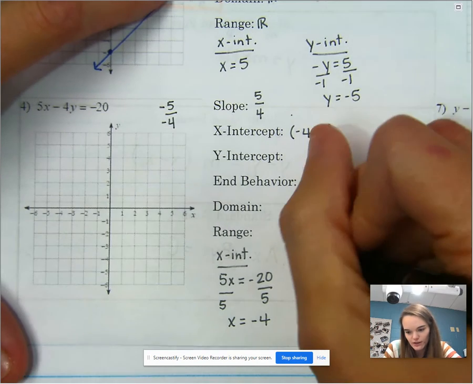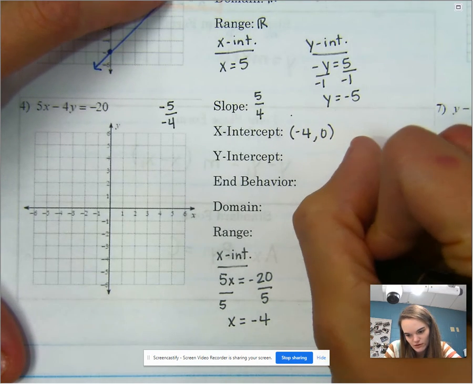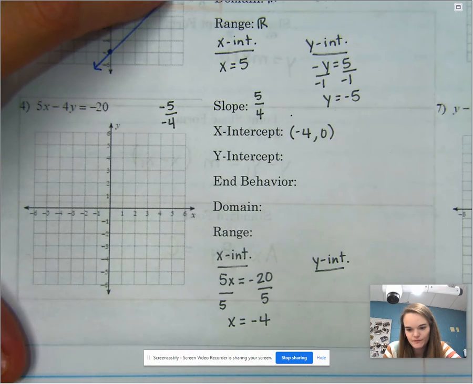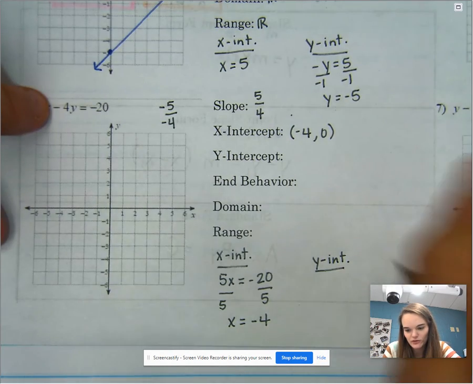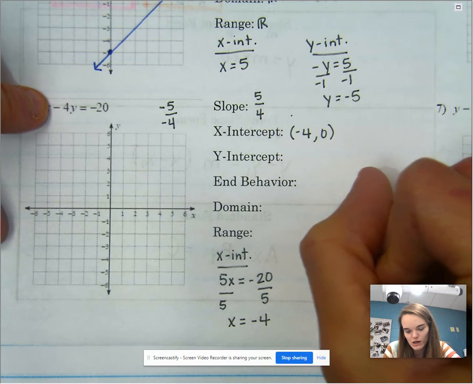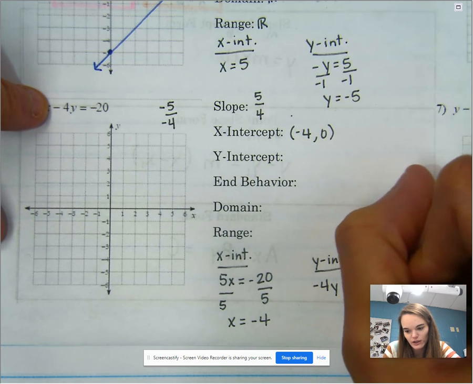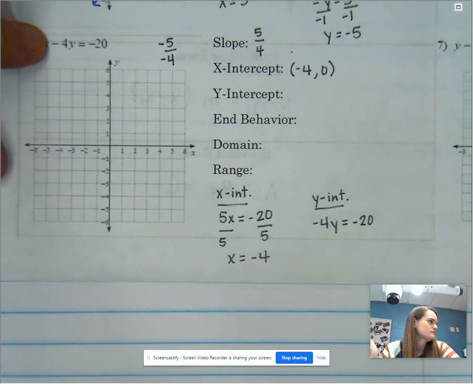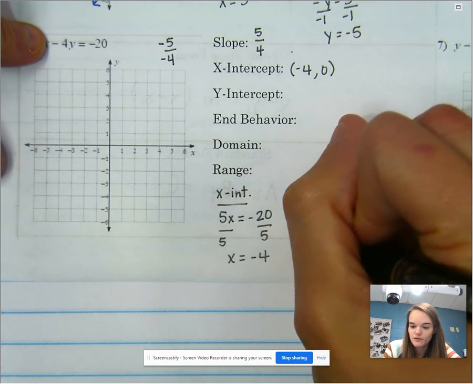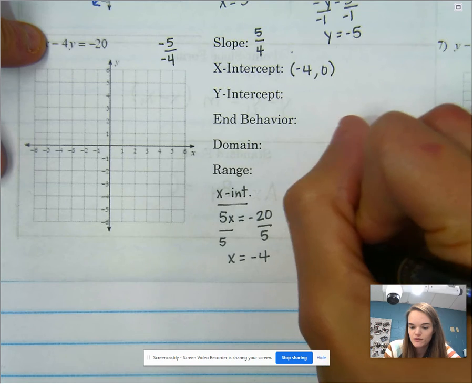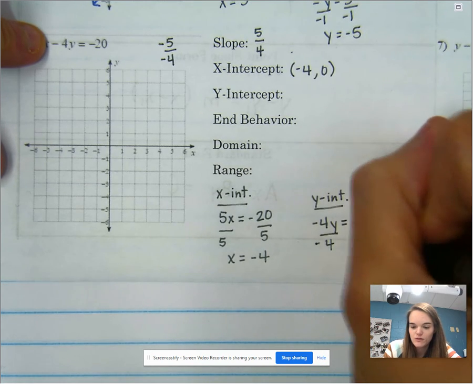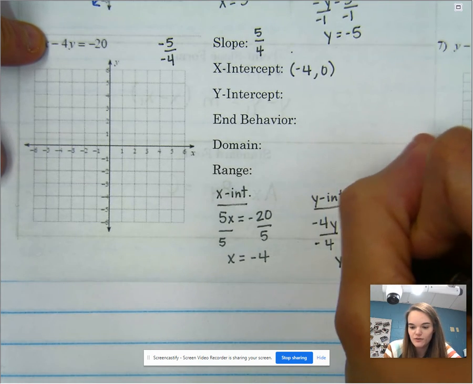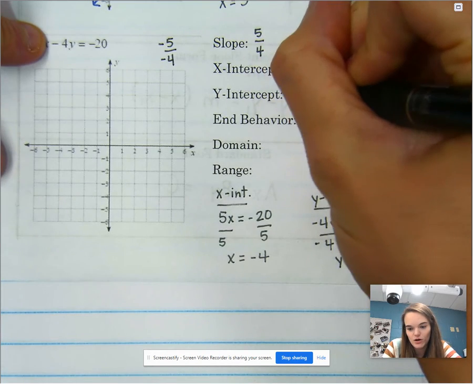Okay. Y-intercept. Cover up x, and I have negative 4y equals negative 20. Divide by negative 4. And y equals 5. So 0, comma, 5.